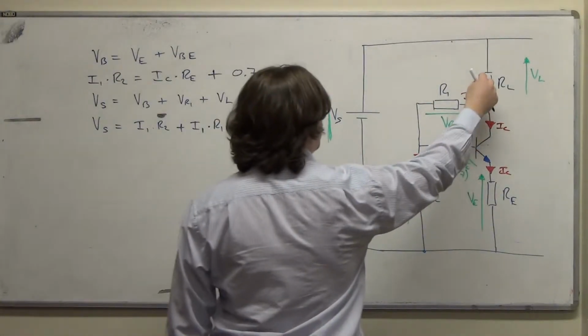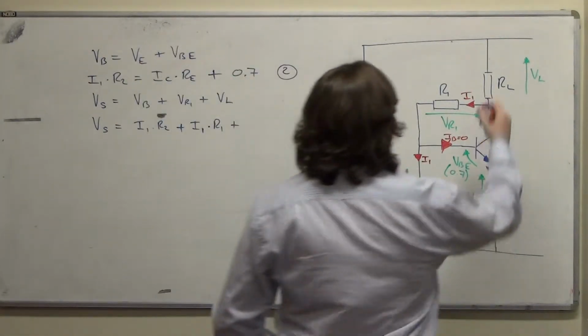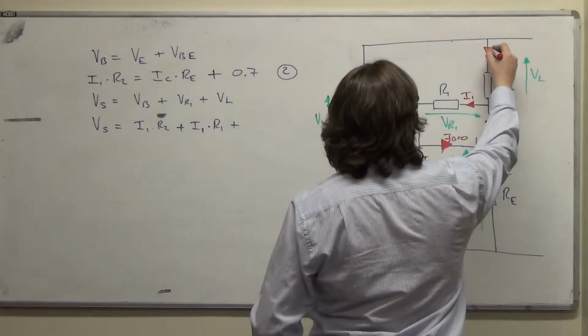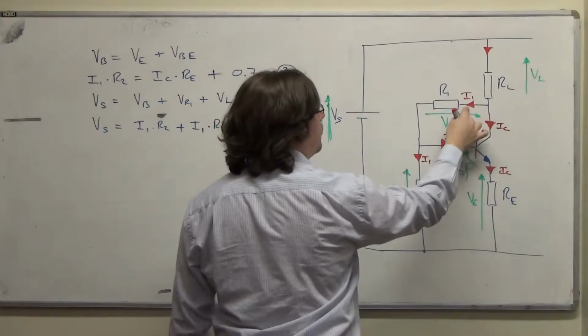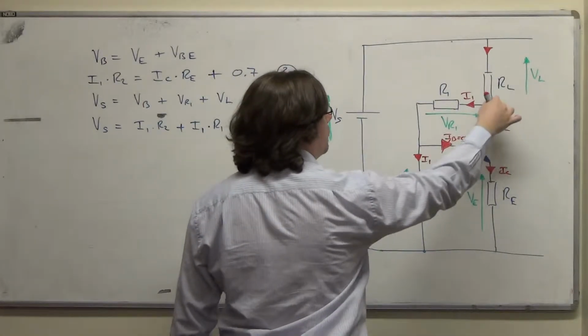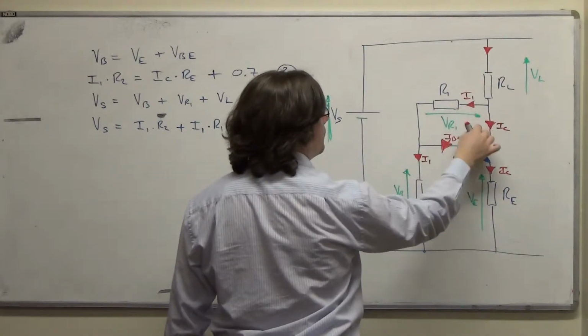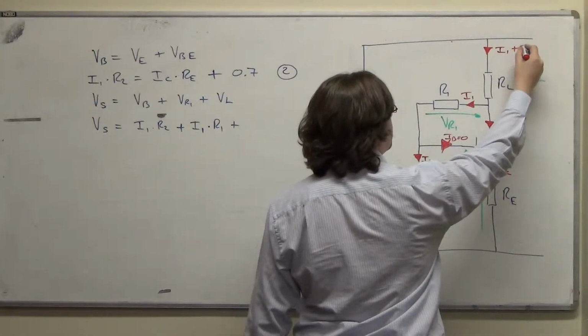now the current that flows in RL, the current that flows in here must add up to the current that leaves. So we've got a node here, and I1 leaves the node and IC leaves the node. So whatever flows into the node has to add up to these two. So this current here must be I1 plus IC.